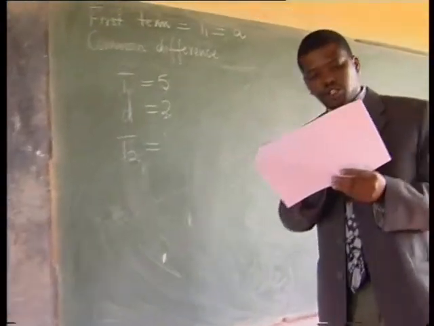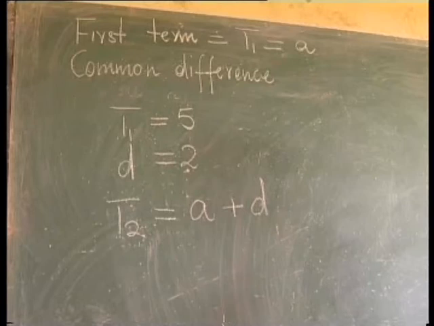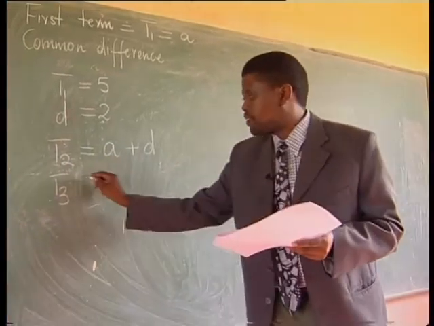You said T2 is equal to 7, right? How did you arrive at 7? From one quadrilateral, we add the common difference, which is 2. The teacher writes this formula as T2 is equal to A, the first term, plus d, the common difference.